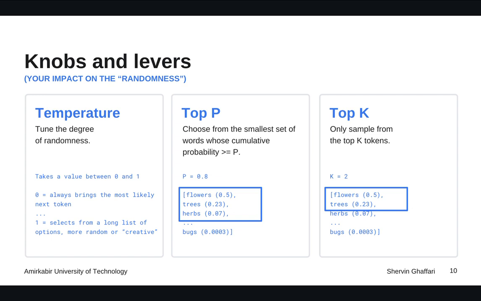So with top P or top K selection criteria, the model has nearly the same probability for selecting different tokens, so the model seems to be more creative. Otherwise, it's more consistent, more static, and it depends on your use cases.